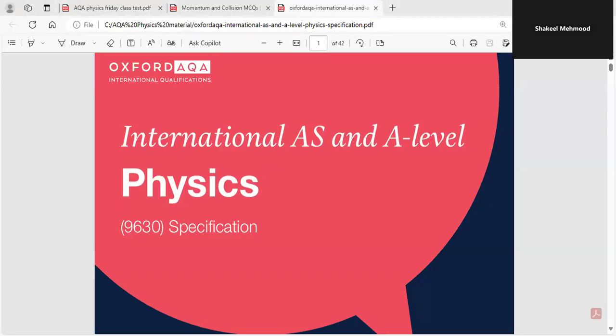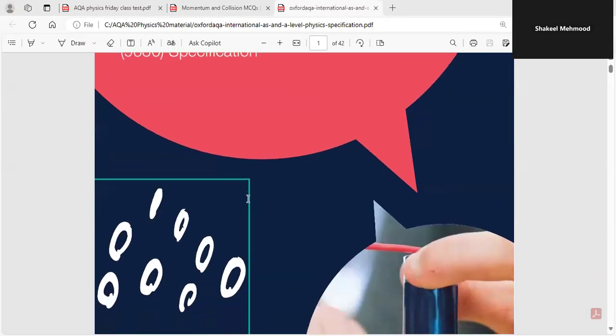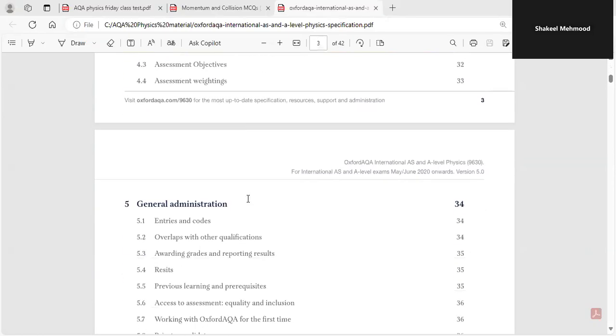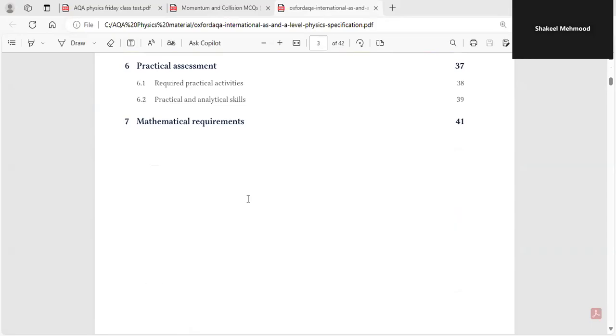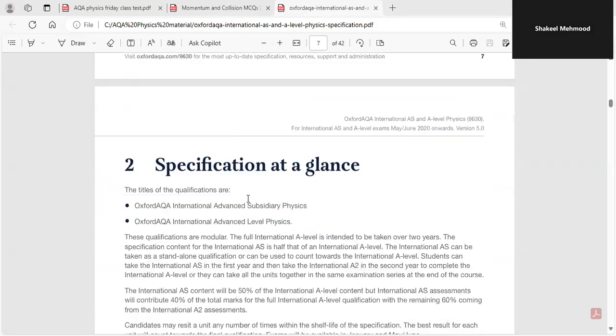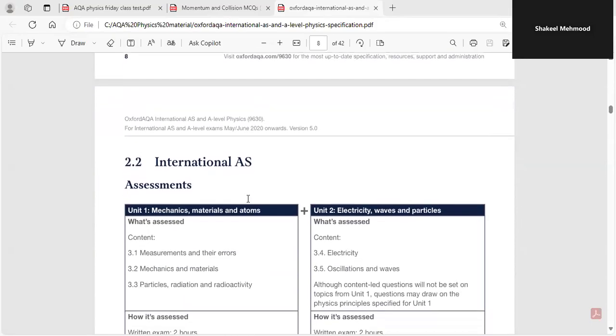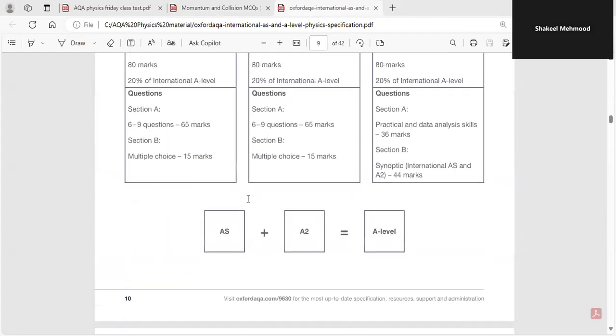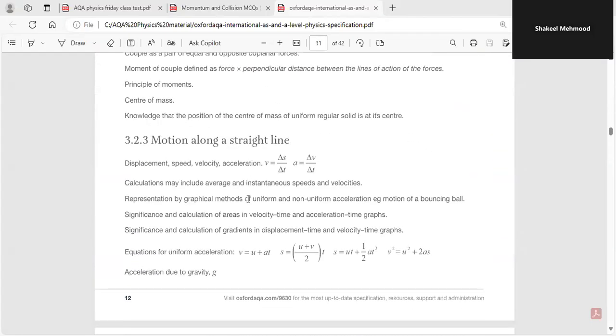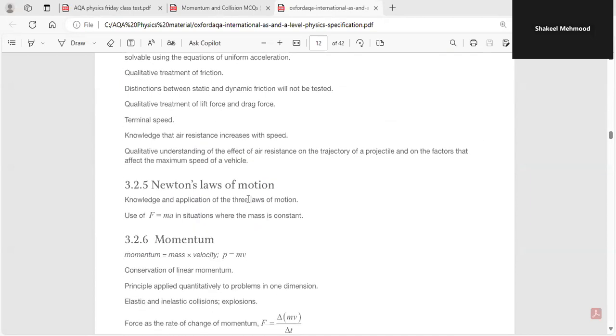This is Shakil, and today we're going to discuss AQA Physics 9630. We are going to solve some questions related to forces and momentum. I'm going to show you the specification for this topic, for which we are going to solve the questions.